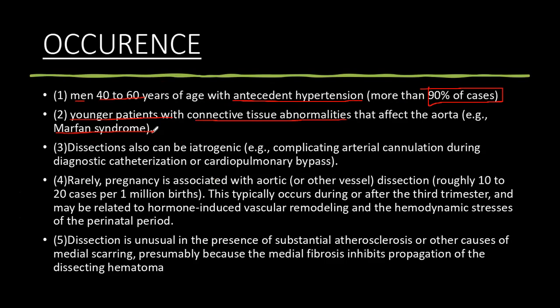I told you Marfan syndrome is due to mutation of the fibrillin gene located in chromosome number 15. So when fibrillin is mutated, the elastic tissues will be dysfunctional, and so the sequestration of transforming growth factor beta won't be there.